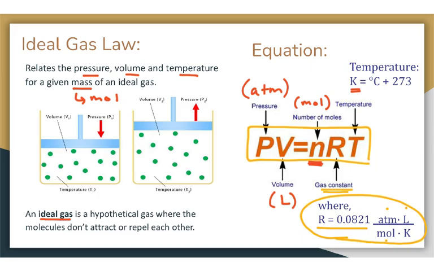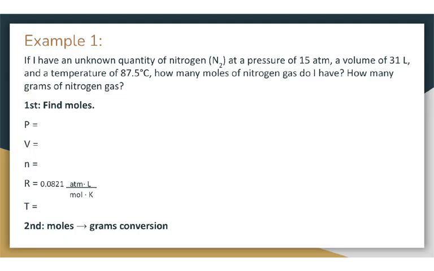Now let's look at how we would use this. In the past, we have been looking at problems where we have maybe two temperatures and we're looking at a change in temperature, two pressures, we're looking at a change in pressure. We're going to recognize these problems because our problems are going to ask us for how many moles of nitrogen. That's one way we can recognize that this is an ideal gas law problem and not a combined gas law problem.